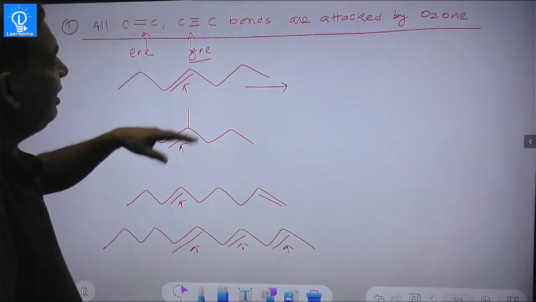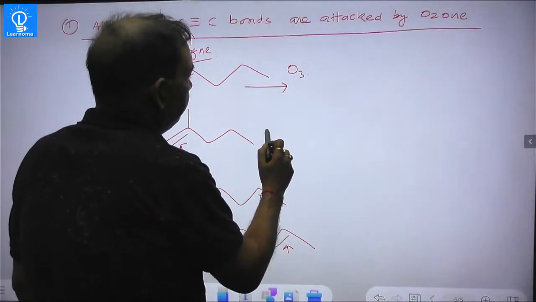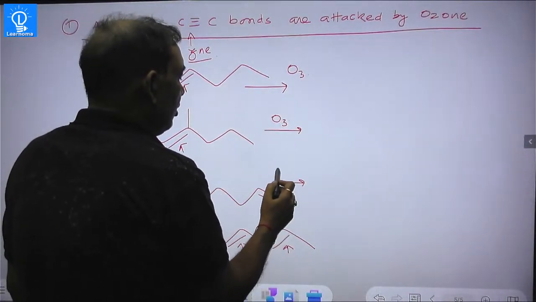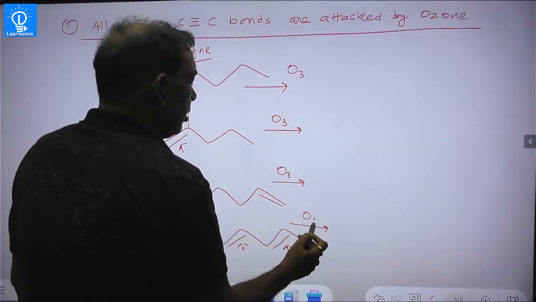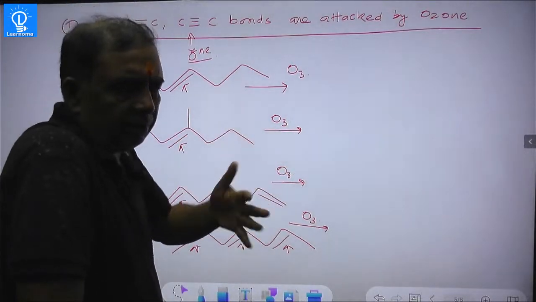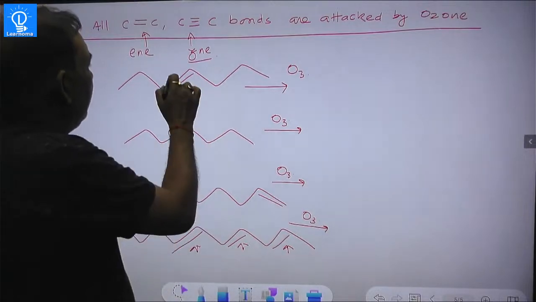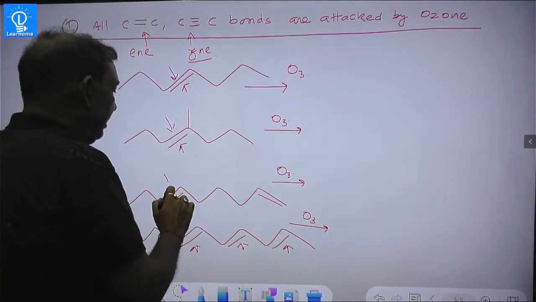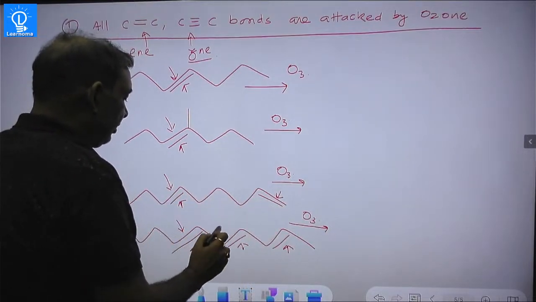In all these reactions, the reaction starts with ozone. Organic chemistry, whether it is 1 or 2 or 3, it hardly matters. We have to attack here, here, here as well as here. And in this case, we have to attack all the 3.